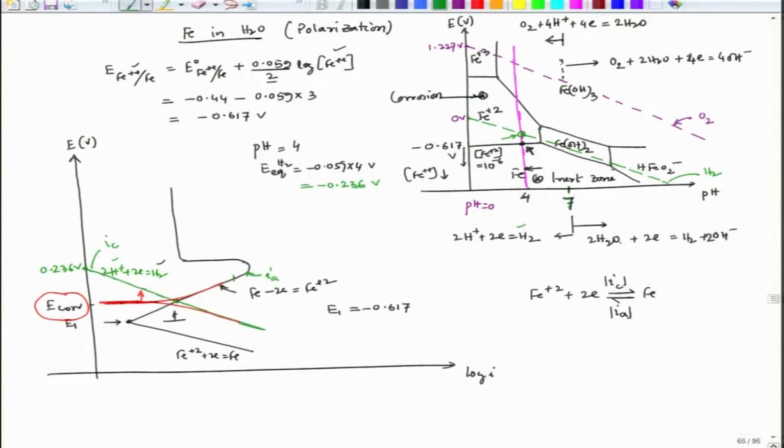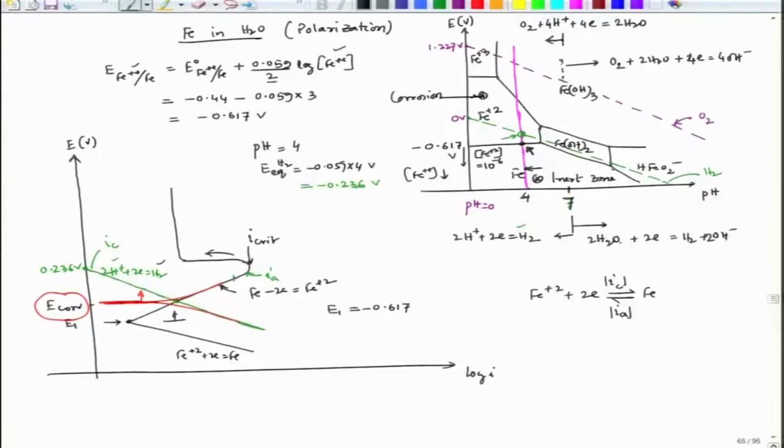So, now it is reaching I critical. Now, I critical is the point where maximum dissolution takes place, and beyond I critical, that means if we increase the potential further, my I_a is reducing to a great extent.